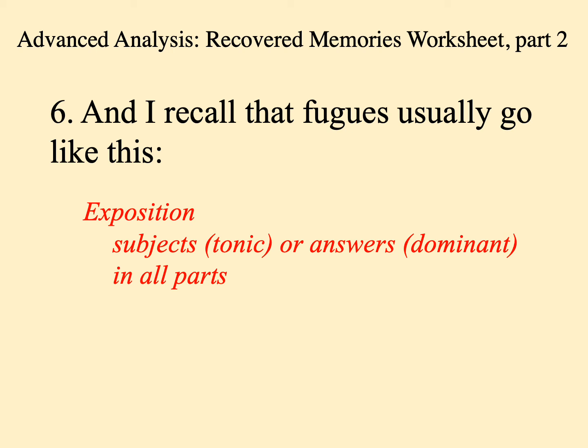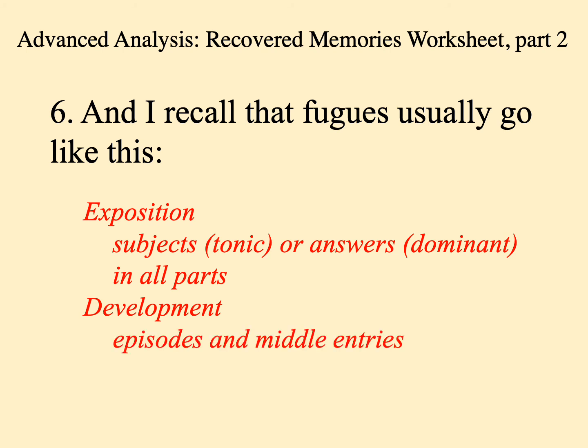The development section of a fugue basically has a couple things. It happens when the exposition's over, and it has 2 ingredients. Developments have episodes and middle entries. And an episode is a place in the development section where we do not hear a complete statement of the subject. You might hear fragmentation of the subject.